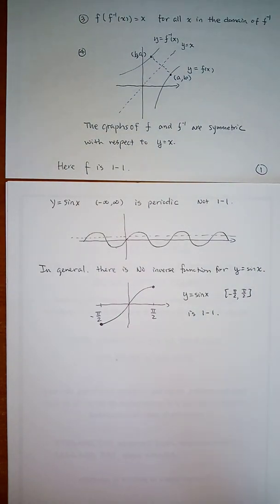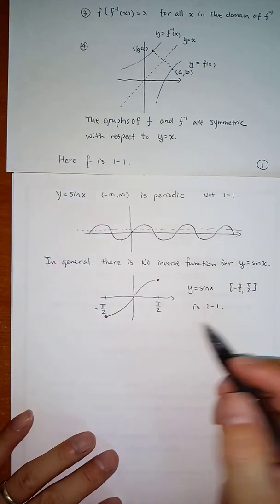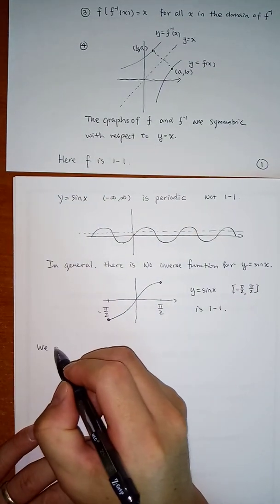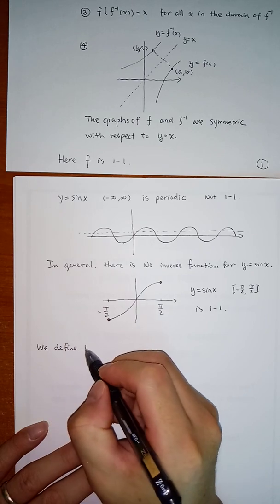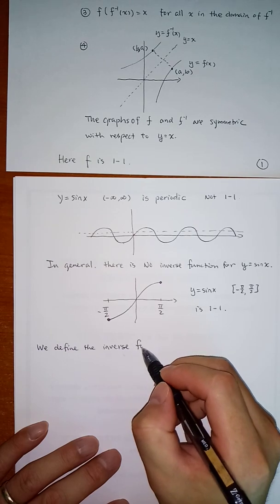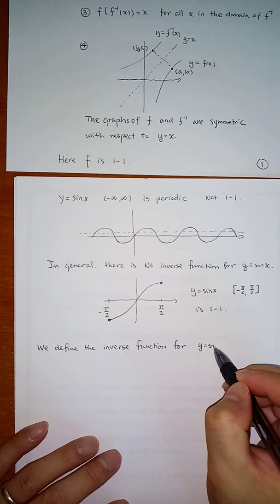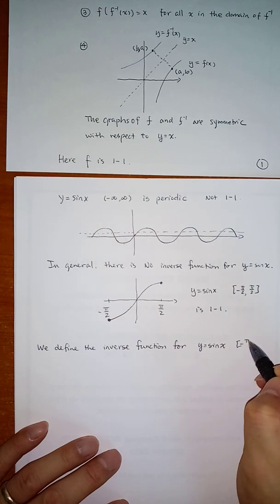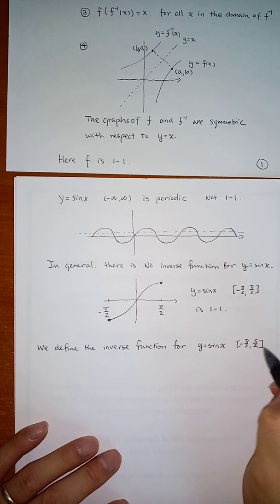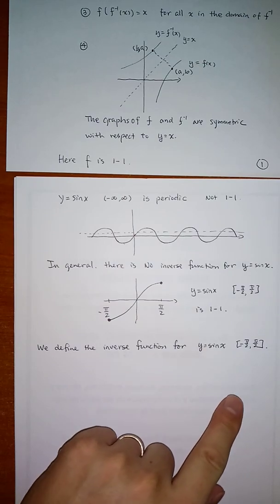Okay, so we are going to define the inverse function for the sine function with this specific domain. So we just define the inverse sine for the sine function over this domain.